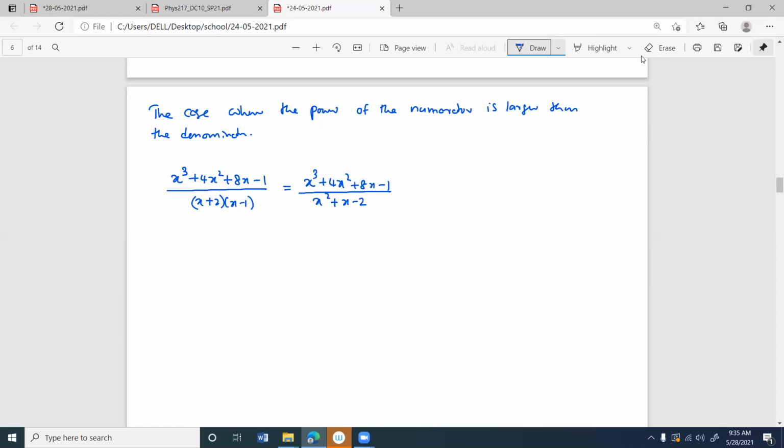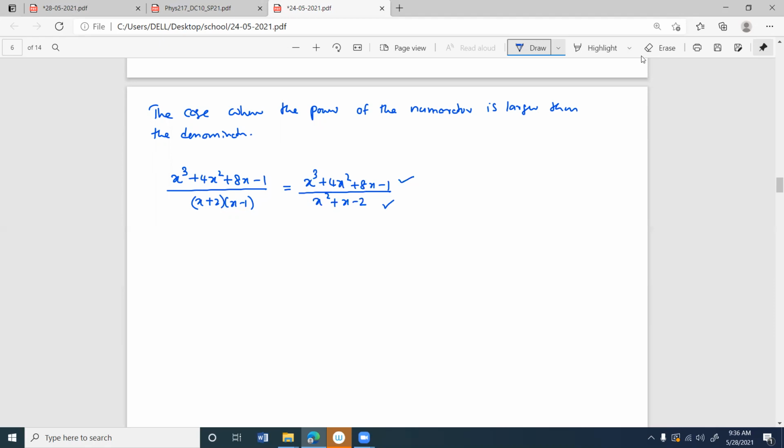If the power of the numerator is equal to or bigger than the power of the denominator, we cannot straightforwardly do the partial fractions. As an initial step, we need to divide using long division and form a whole part plus a remainder over the denominator.